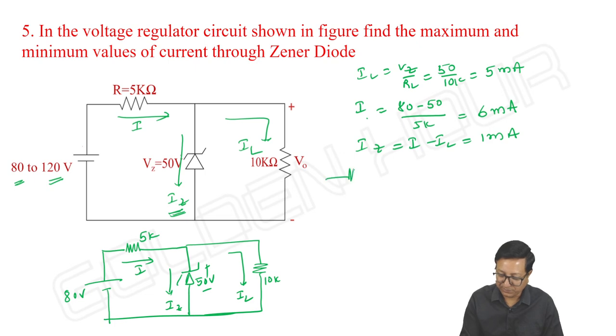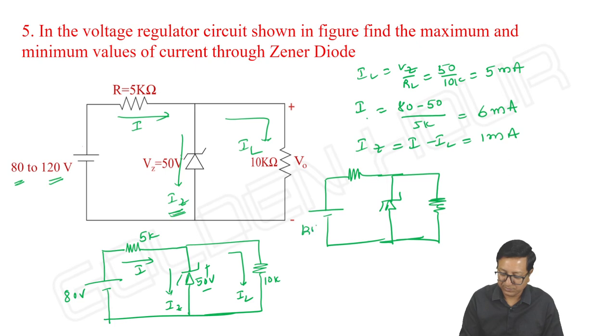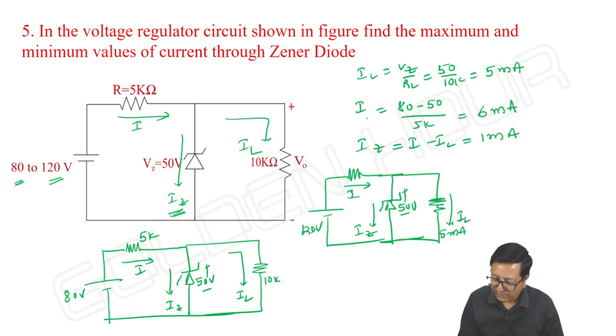And the second case, if input is 120, IL is not changing. What is the value of IL? As usual, it is 5 milliampere. And I is equal to (120 minus 50) by 5K.